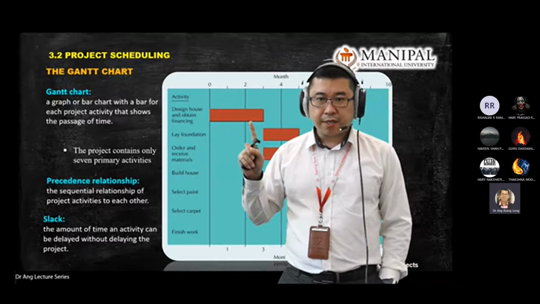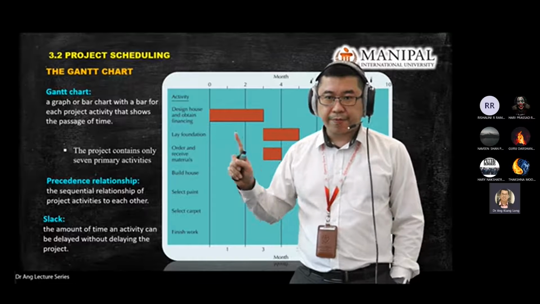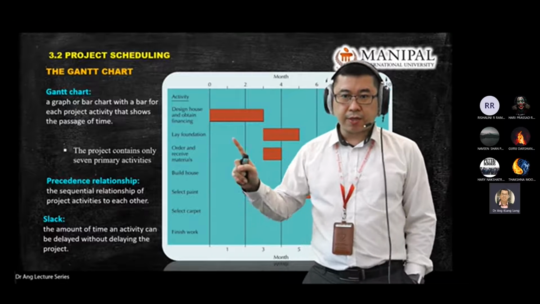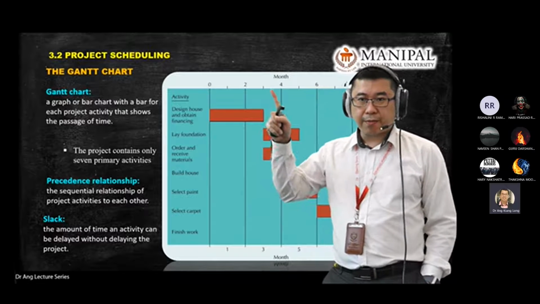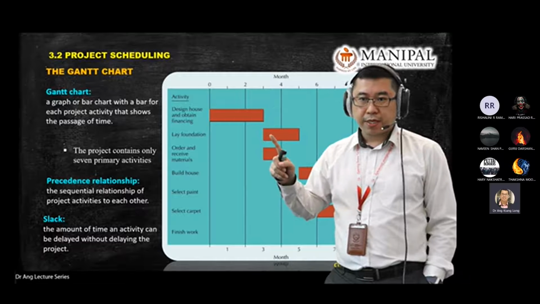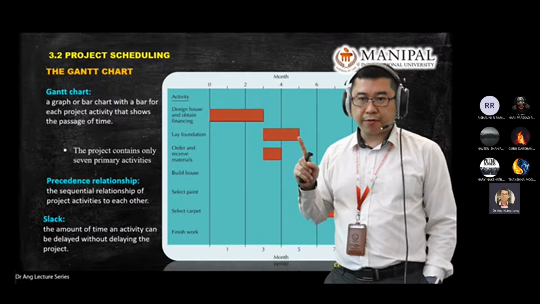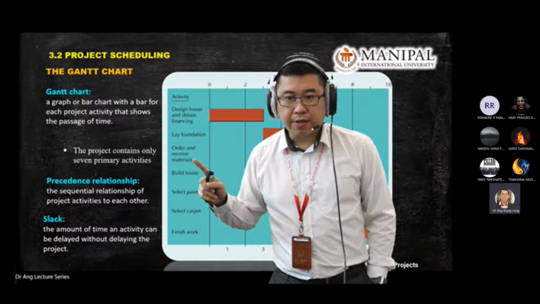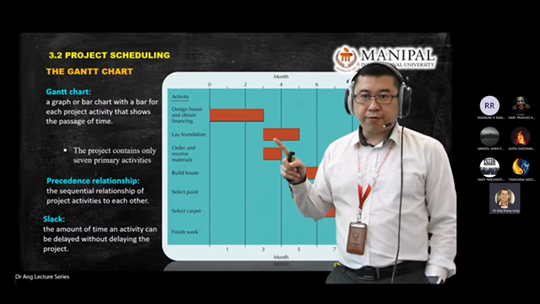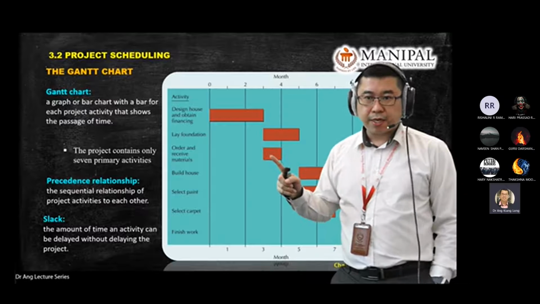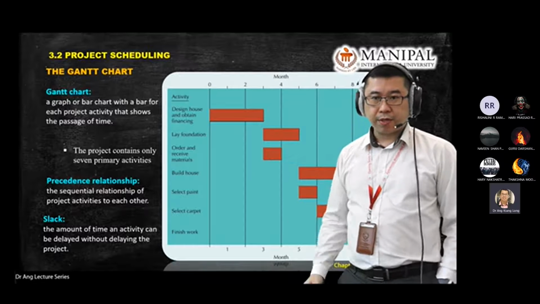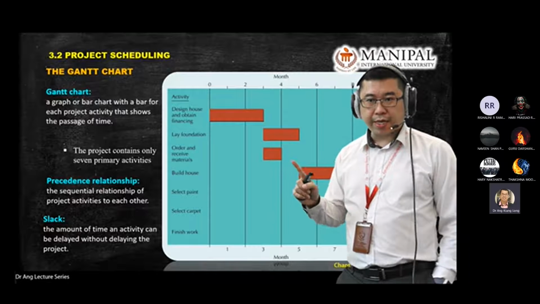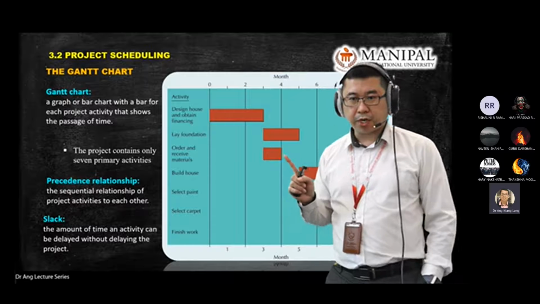Then after you finish financing, you lay the foundation because you get money already. So only then you lay the foundation. You start from month number 3 until the 5th month. Here, you order and receive materials. You start from month number 3, you start ordering material. There is a gap here. There's a free activity here, or there's free time over here.